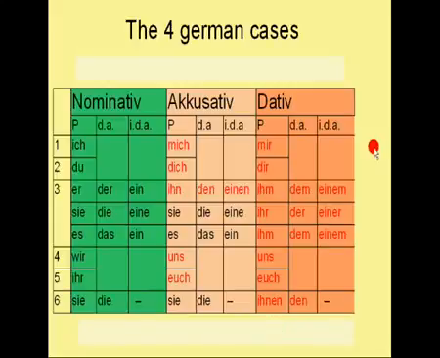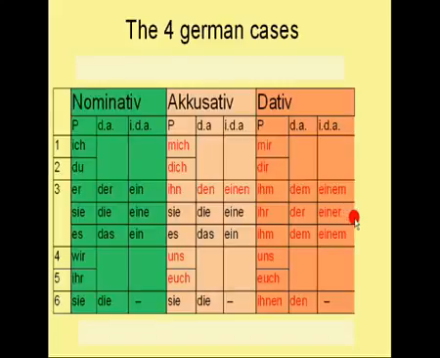And when a noun is the indirect object of a sentence, it can also have definite articles and indefinite articles. So for instance, if a masculine noun is the indirect object of a sentence and therefore is in the dative case, it has the definite article dem and the indefinite article einem. If a female noun is the indirect object of a sentence, it has the definite article der and the indefinite article einer.